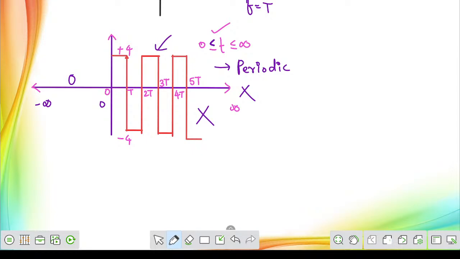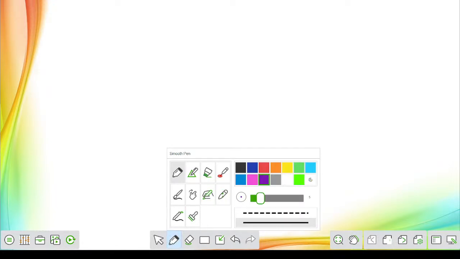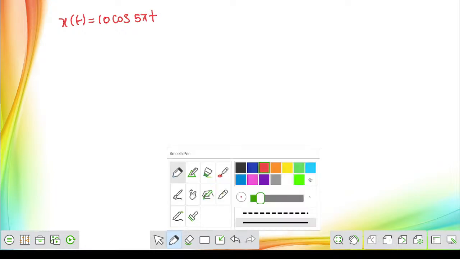Now, from periodic signal, the most important thing is, how should I calculate the fundamental time period of the signal? For example, it is given that a function is defined as 10 into cosine of 5 pi t. Find out the fundamental time period of the given signal.